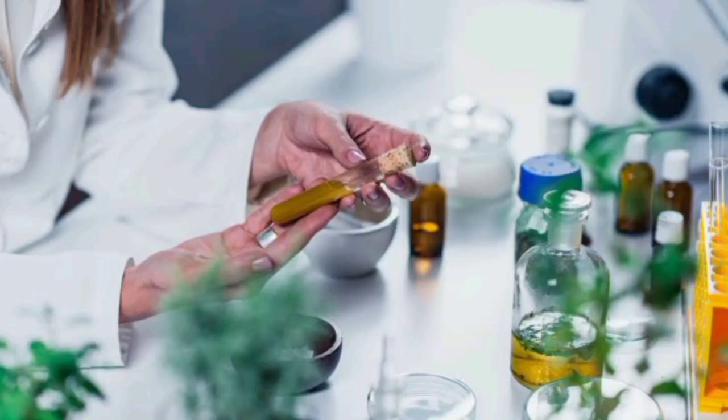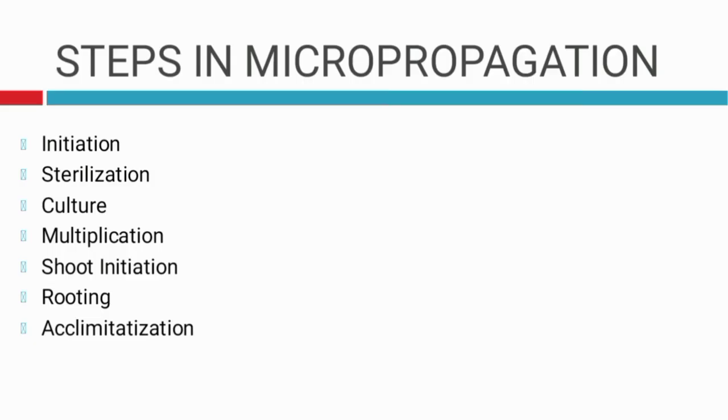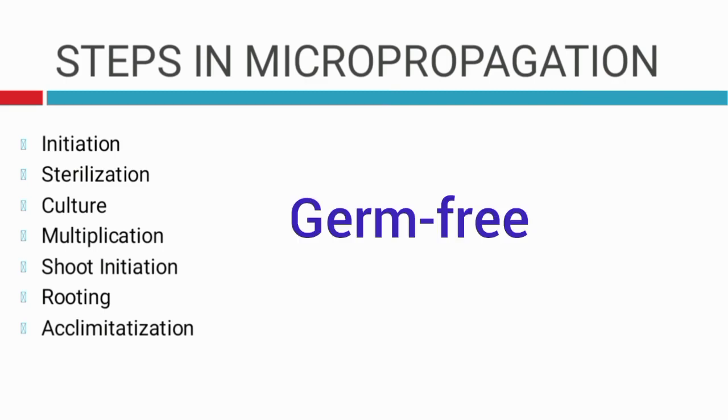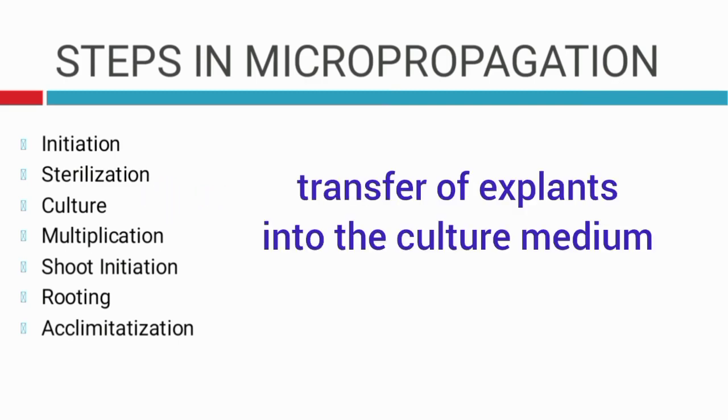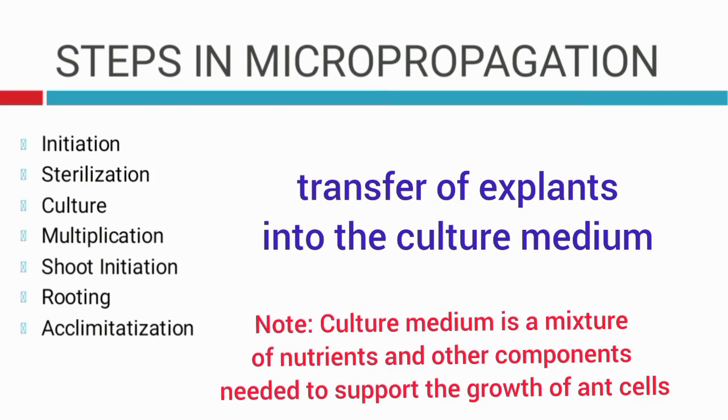In this step, the researcher or the person involved in tissue culture would have to disinfect or sterilize the plant material or explant with things like soap or detergent or chemicals, just to make sure that the explant is germ free. And then culture is basically transferring the explant into the medium for growth.